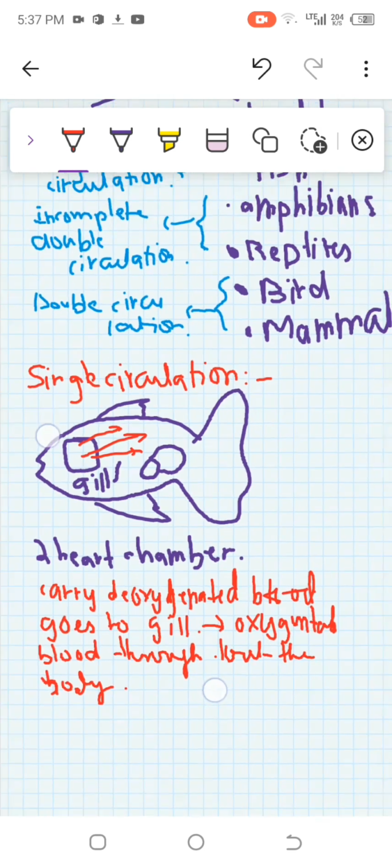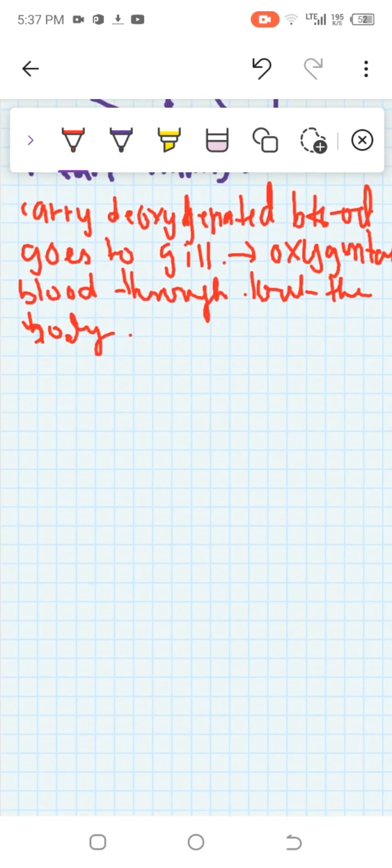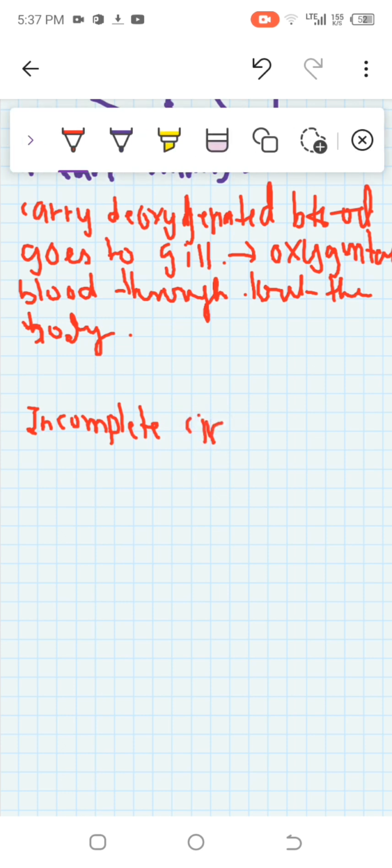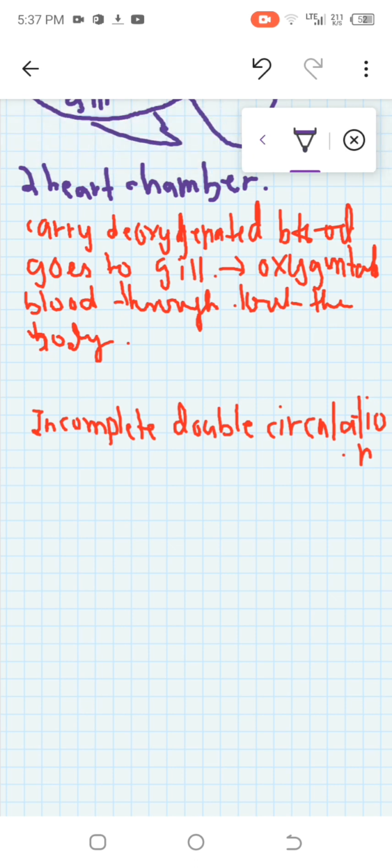Now let's move towards incomplete double circulation. This incomplete double circulation takes place in amphibians and reptiles.